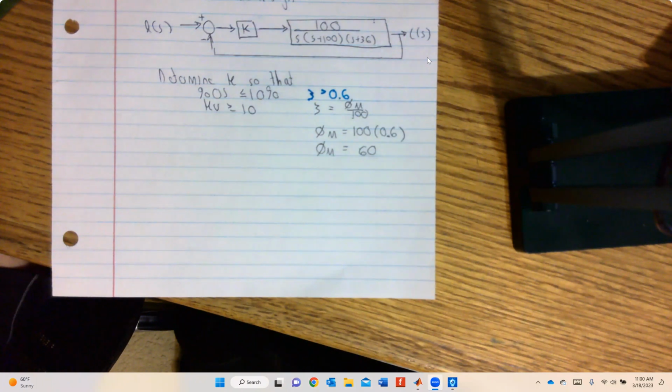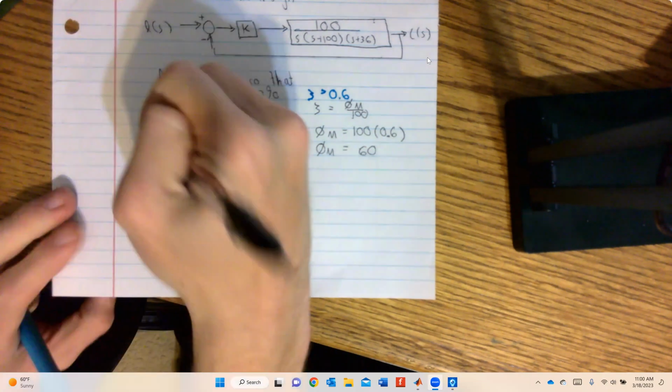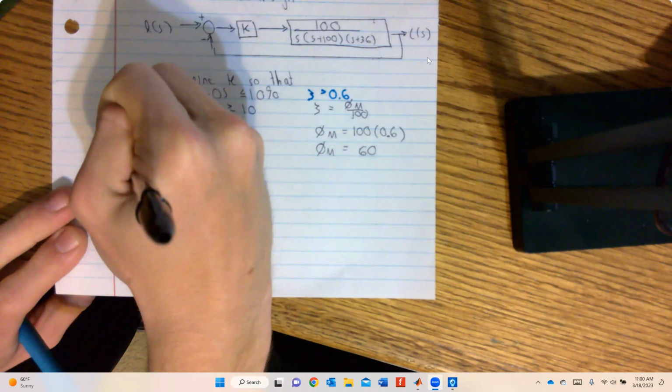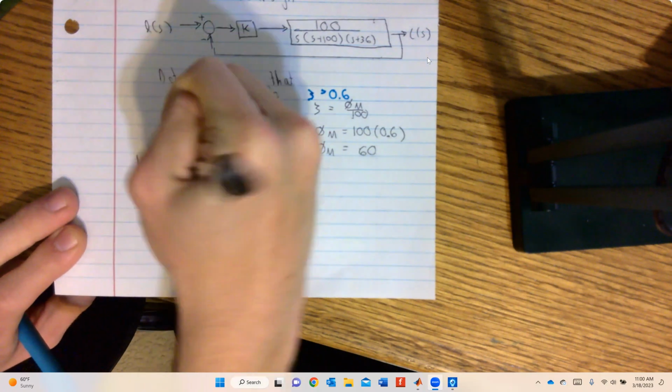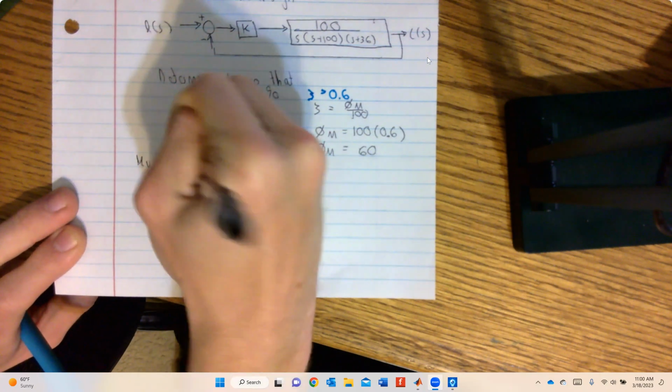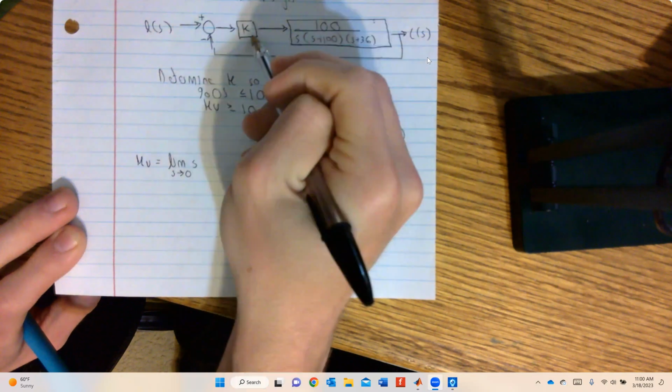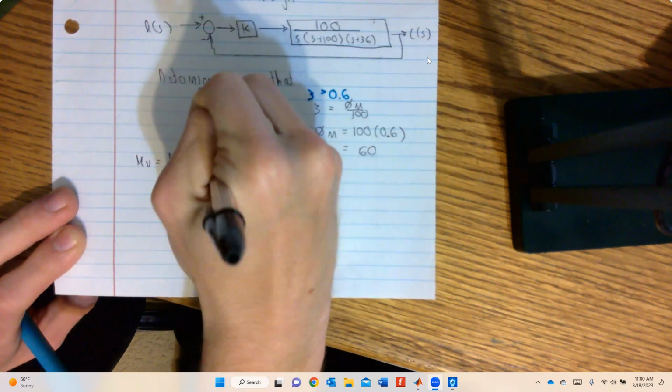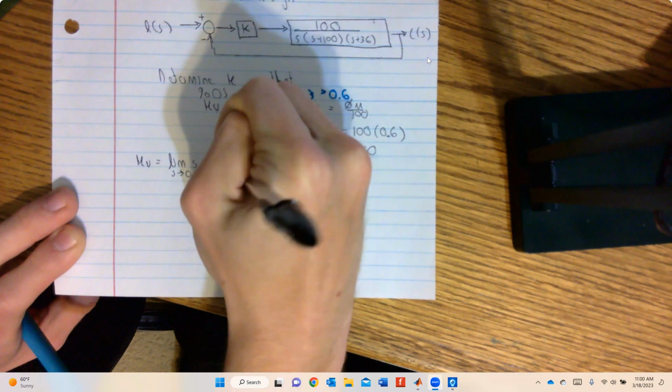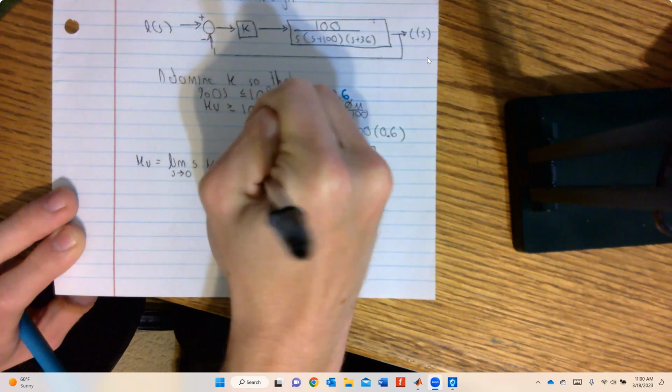And then our KV. Our KV is going to be our velocity constant. If you remember, the velocity constant is determined by, so your KV is equal to the limit as s goes to 0 of s times your open loop system, which is k times 100 all over s times s plus 100 times s plus 36, okay?